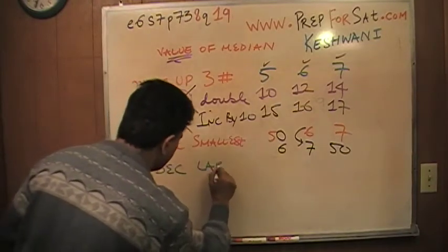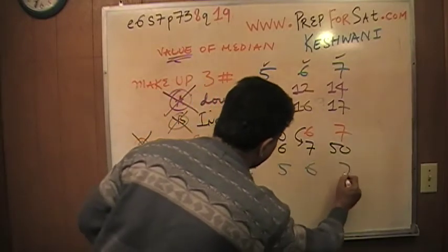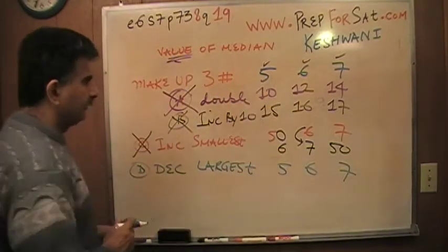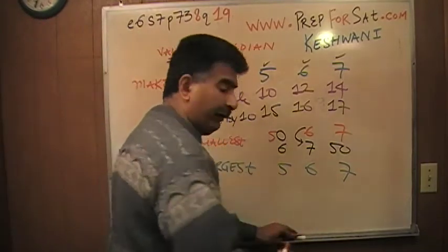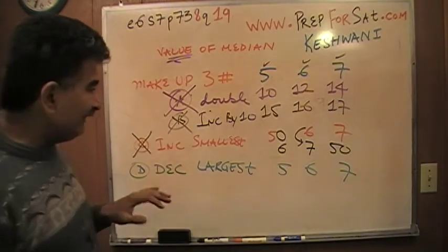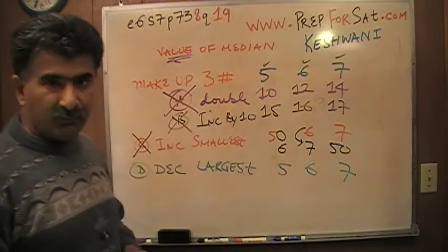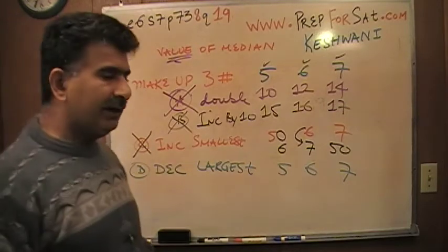Decrease largest. So I started out at 5, 6, and 7. Decrease the largest. Even though it's a bit crowded, I hope it's easier to follow, because that's why I use a different color for each answer choice, so that will help you. So how do I take the largest number and decrease it?